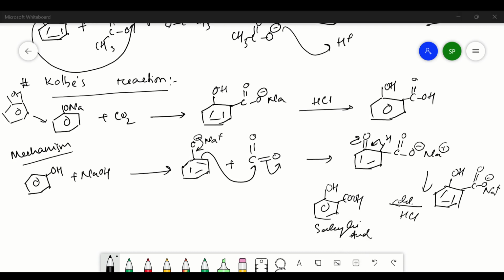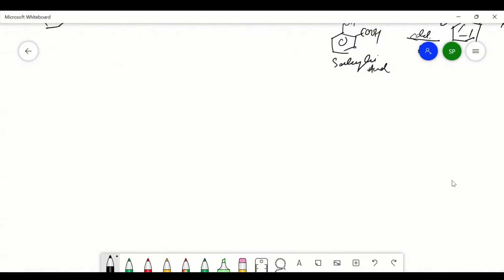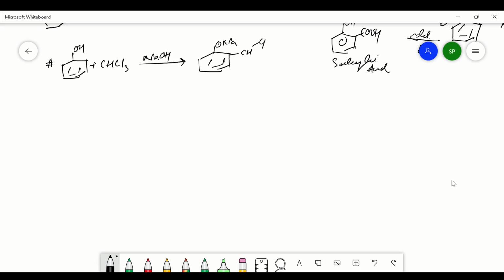The next named reaction is the Reimer-Tiemann reaction. In this reaction, phenol reacts with CHCl3, chloroform, in presence of sodium hydroxide to produce sodium phenoxide plus CHCl2.